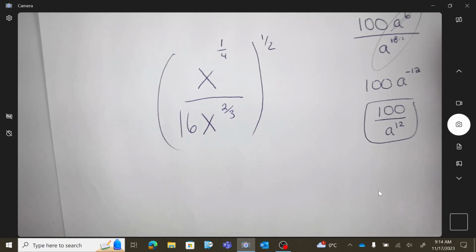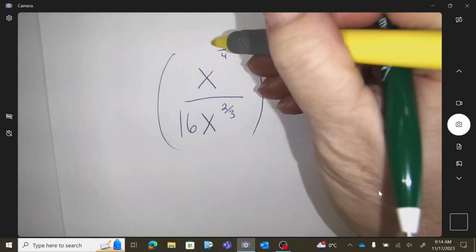Okay, let's try it the other way this time where we work in the brackets and then the 1/2. Okay, so working in the brackets.